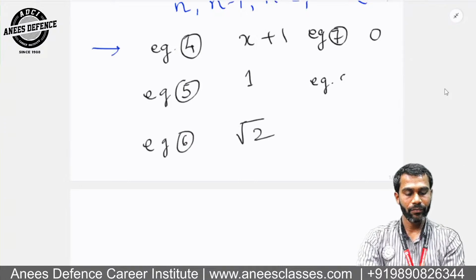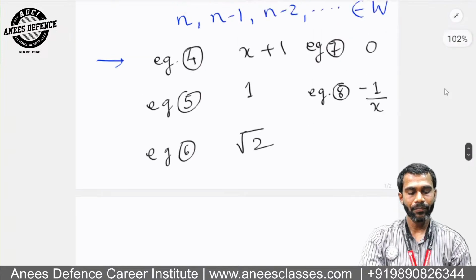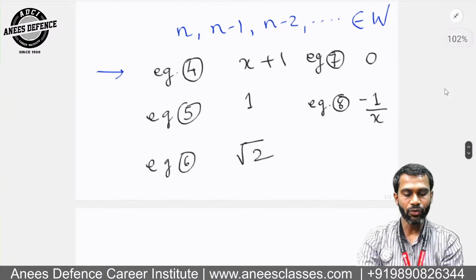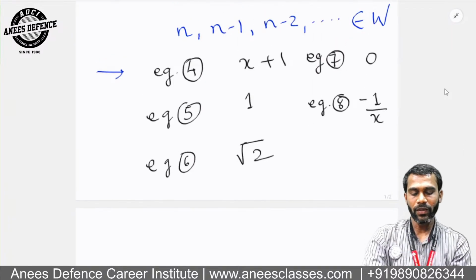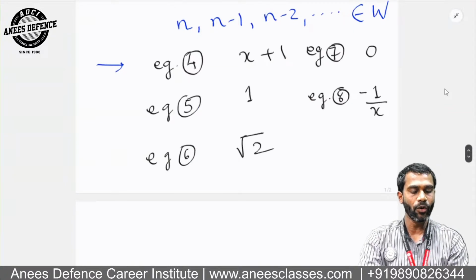Example number 8. Minus 1 by x. So these are the 5 examples. What do you need to tell me? You need to just tell me whether the given expressions are polynomial or not. If they are polynomial, then you need to tell me what is the degree of these polynomials.